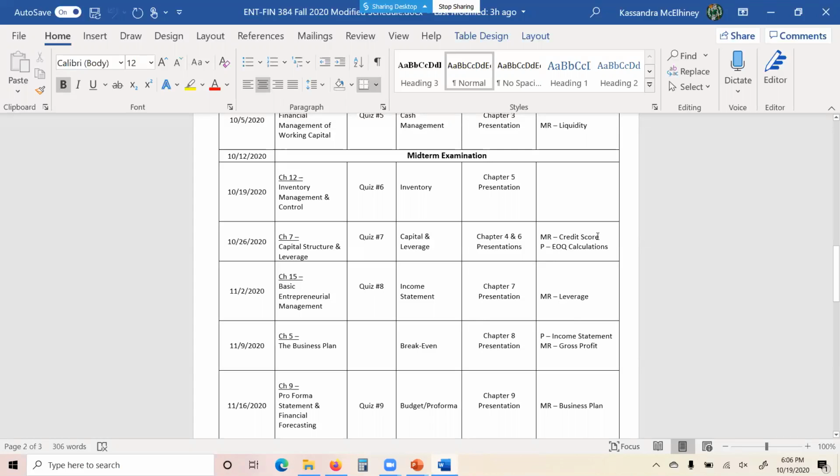So what we'll have for next time is going to be the mini research paper about credit scores, and then there's a project on economic order quantity calculation.